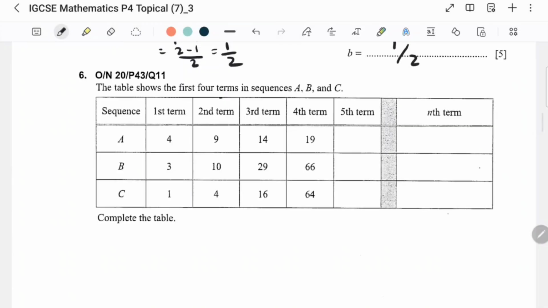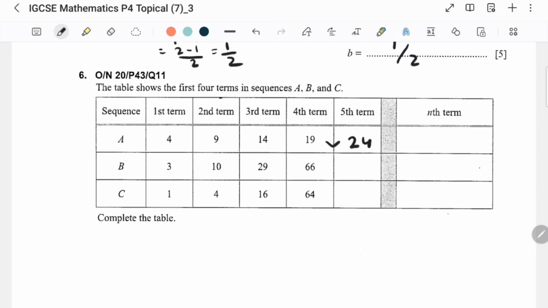Move to question number 6. Again a table: 9, 14, 19, 24 will be the next one, because they're just adding 5 each time, so you also add 5. Now the next one: 3, 10, 29, 66. Again you can see the cube numbers.